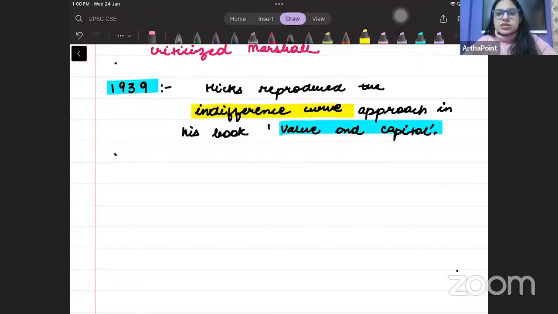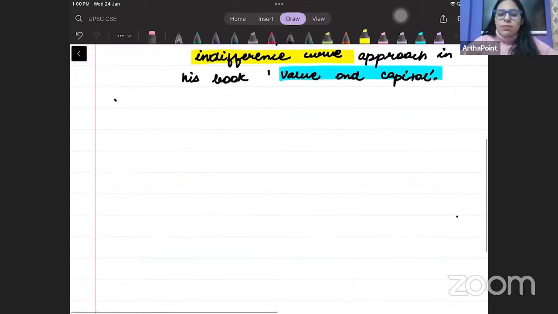He explained what the indifference curve approach is. What we study now is that indifference curve approach. We have been studying the same approach to this day. So we want to talk about consumer behavior and how consumers choose among different goods.